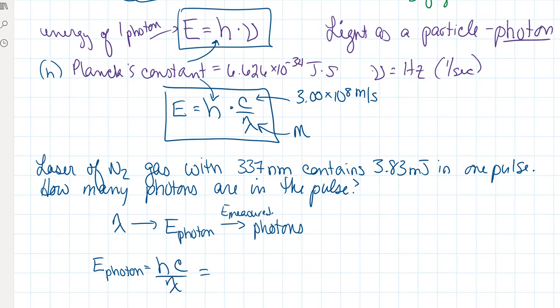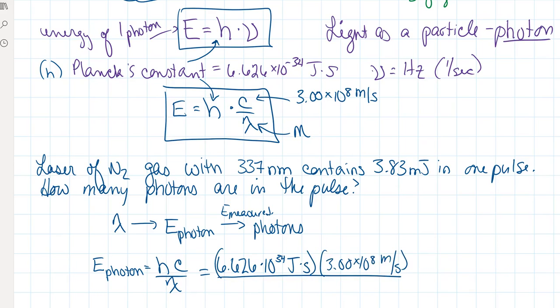So I'm going to plug in my variables, and this is 6.626 times 10 to the negative 34th joule seconds. There's my h. c is 3.00 times 10 to the 8th meters per second. And my lambda is 337 times 10 to the negative 9th meters. So I kind of cheated and just plugged in my nano.